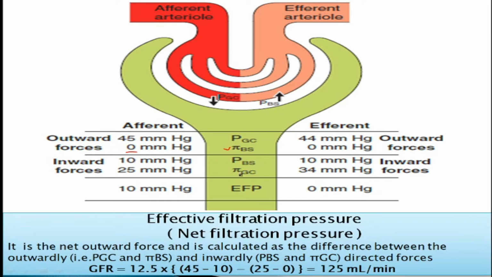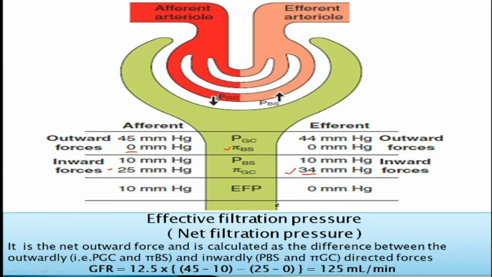And the colloid pressure, because of the plasma proteins in the glomerular capillaries, is the glomerular capillary colloid pressure, which is 25 mm of Hg, and it will oppose filtration. But towards the efferent side, the glomerular capillary colloid pressure has increased to 34. Why? Because of the filtration of the fluid and the concentration of the plasma proteins increasing.